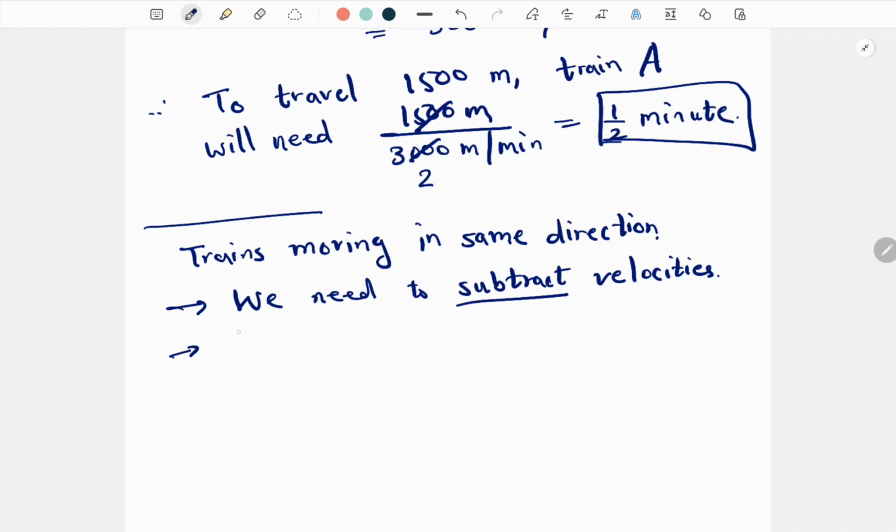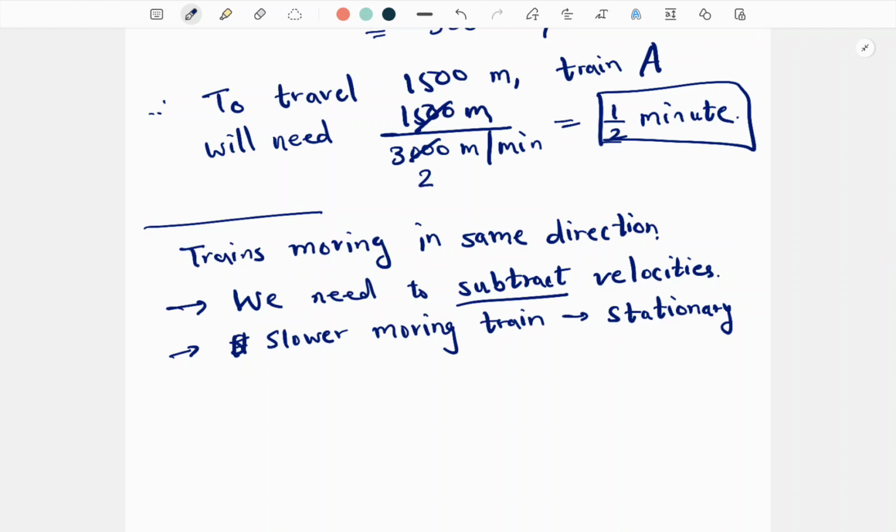And usually it's easier to imagine the slower moving train as stationary. Imagine this train is stationary, and the faster moving train will move but at a slower speed.